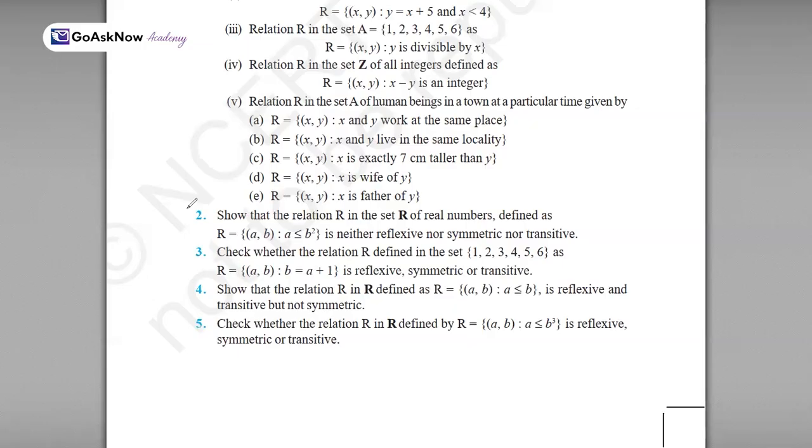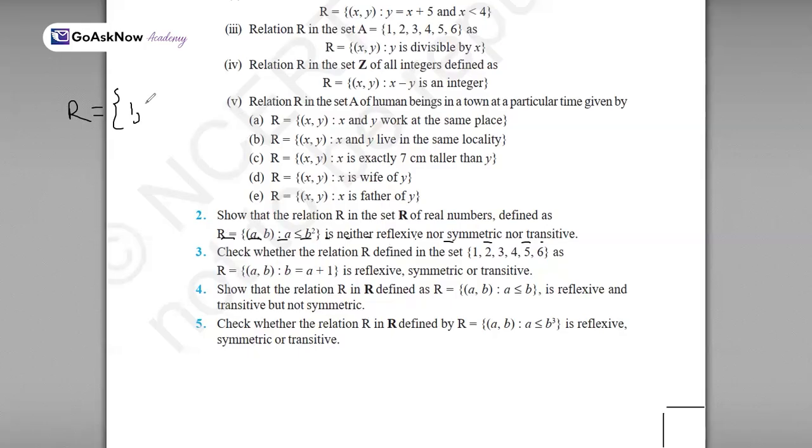Okay. So first of all, for simplicity, I have to write some ordered pairs so that I can easily conclude whether it is reflexive, symmetric, or transitive or not. So for relation R, I will start with some elements like 1.